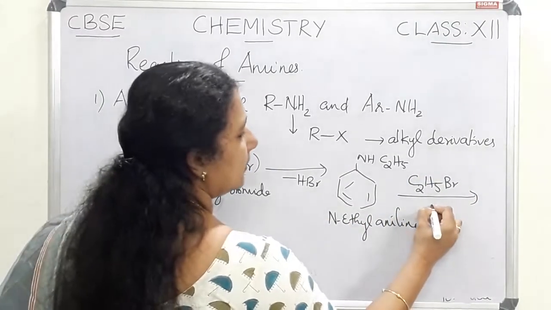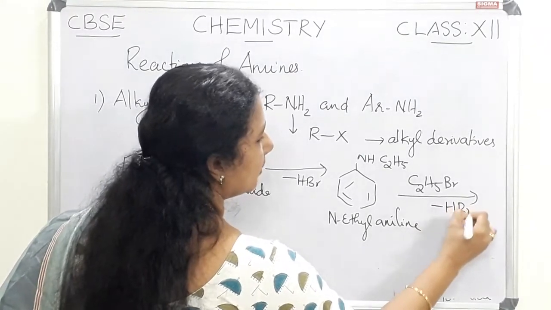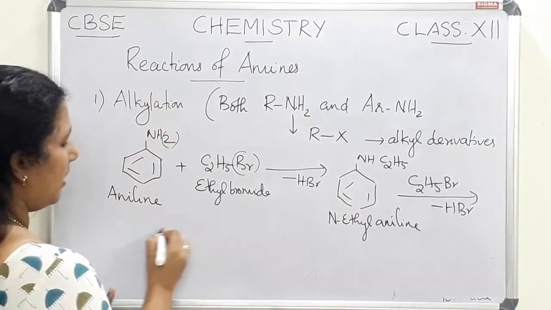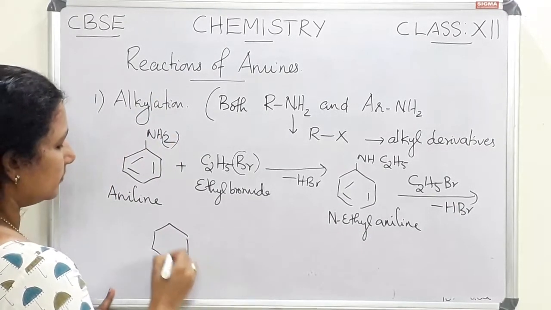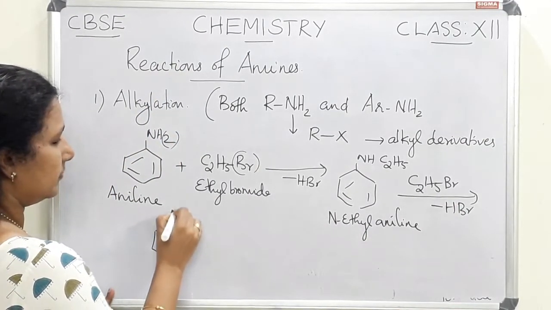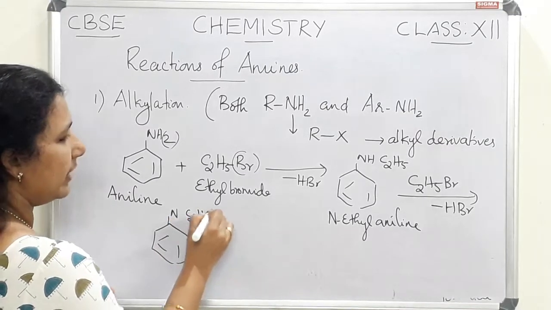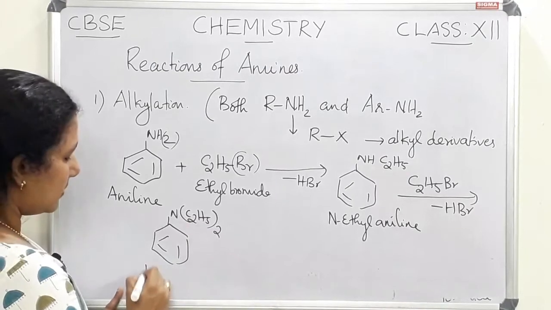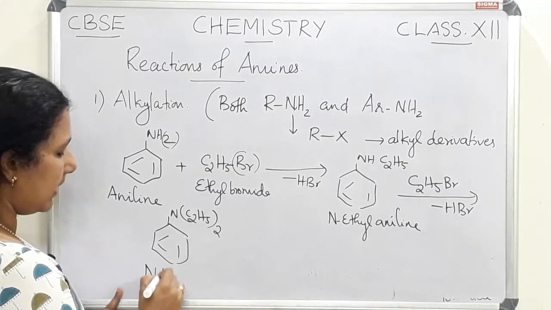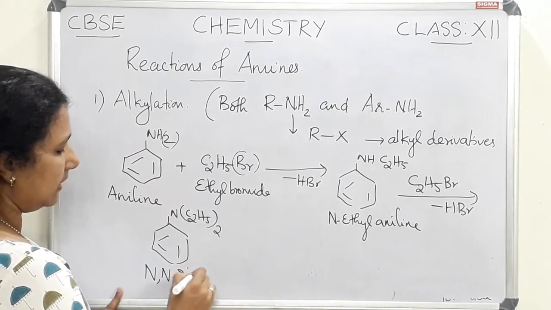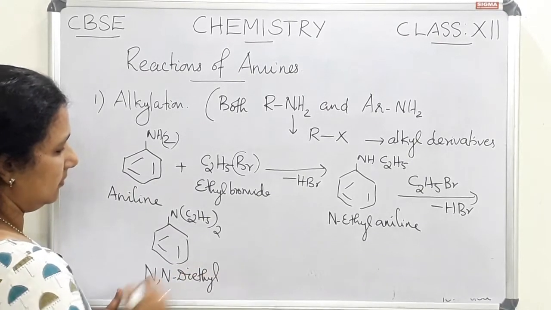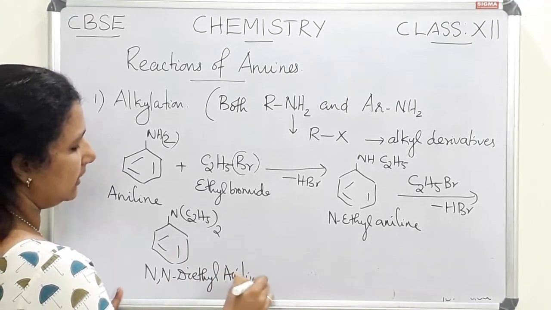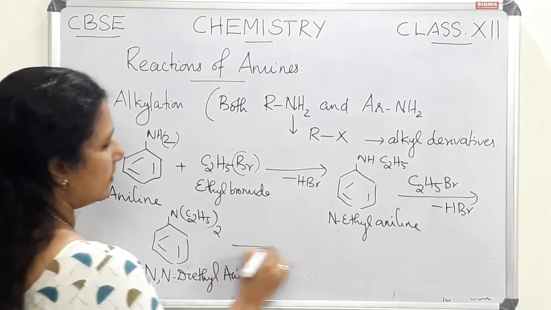Again there is an elimination, an HBr molecule is eliminated, so H and Br will be eliminated, and the product is C6H5N(C2H5)2. This is known as N,N-diethyl aniline.